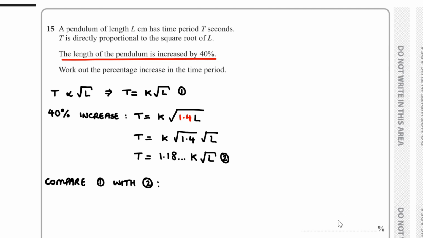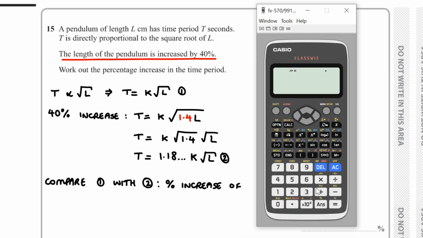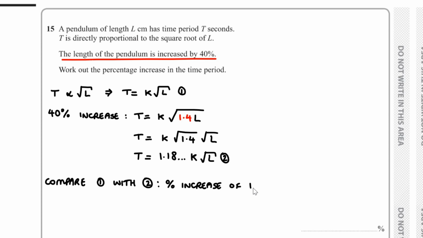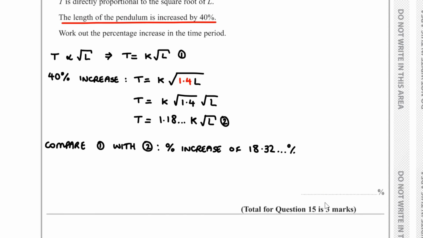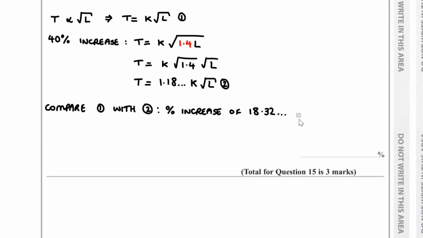Therefore, if I multiply this by 100, we have an 18.32% increase. So we have a percentage increase of 18.32, which is 18.3 to 3 significant figures.